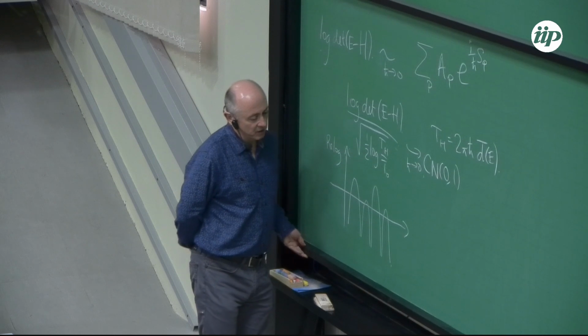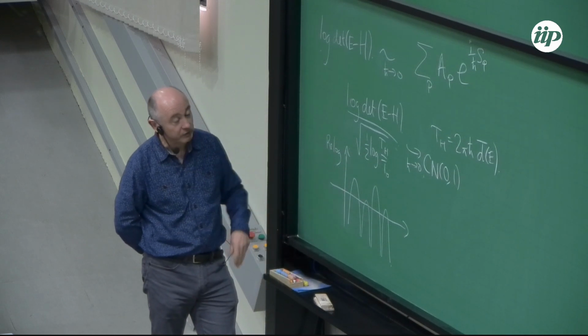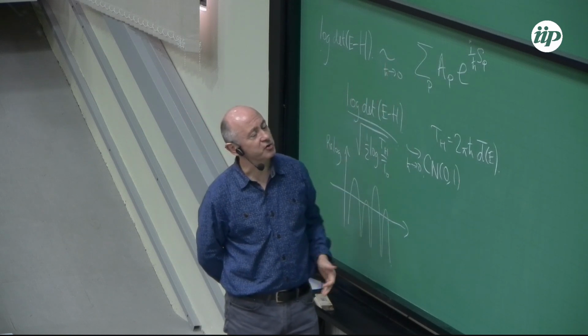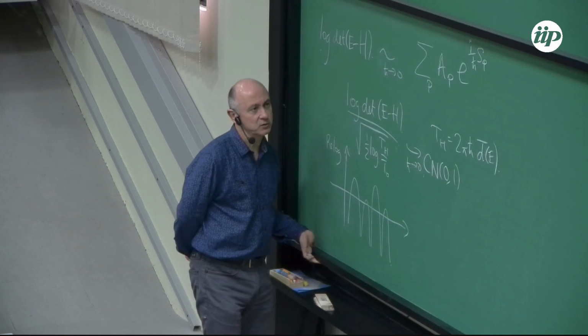What I want to think about are not the statistical properties of this, or I will return to that later, but exactly how the periodic orbits contribute to sums of this form.